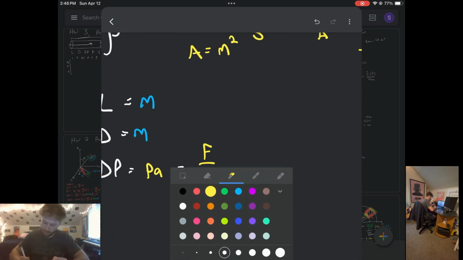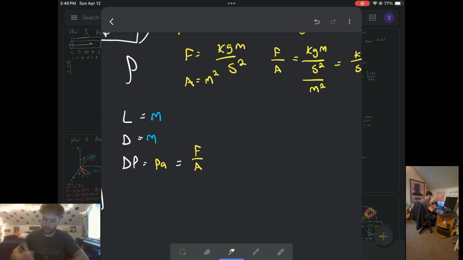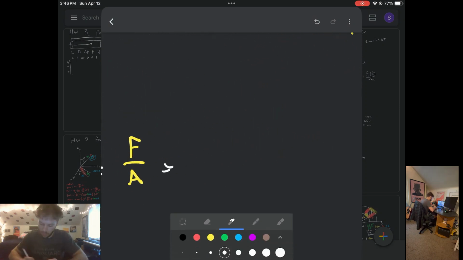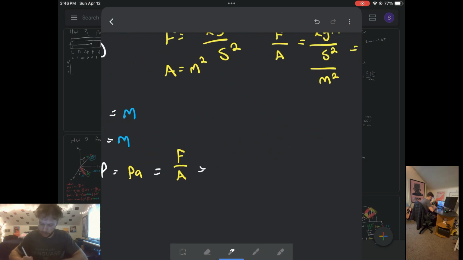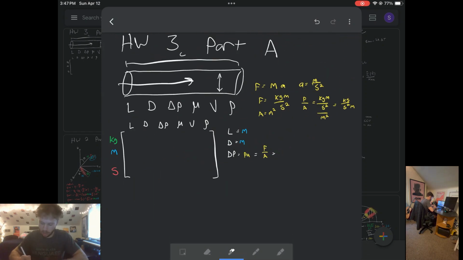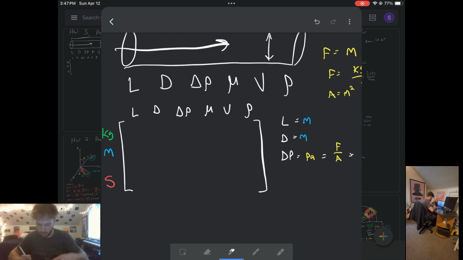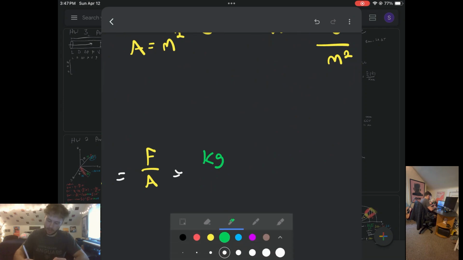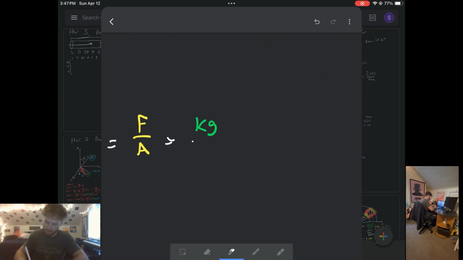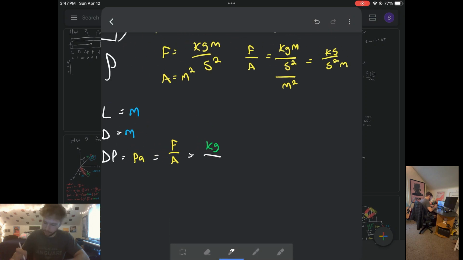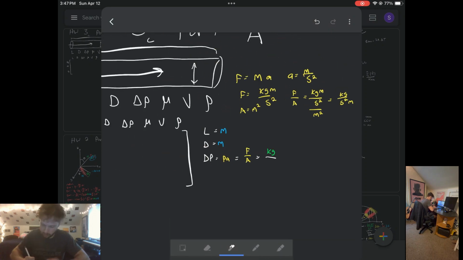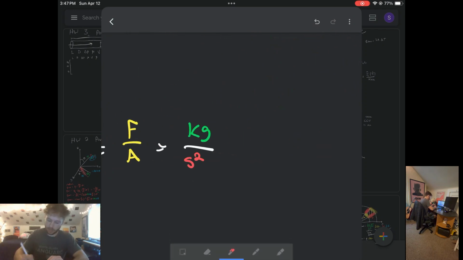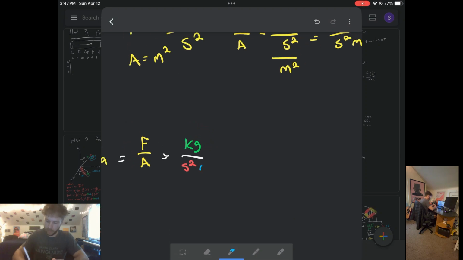So using our SI units of kilogram, meters, and seconds, pressure drop can be described as, see, keep colors consistent, kilograms over seconds squared meters.